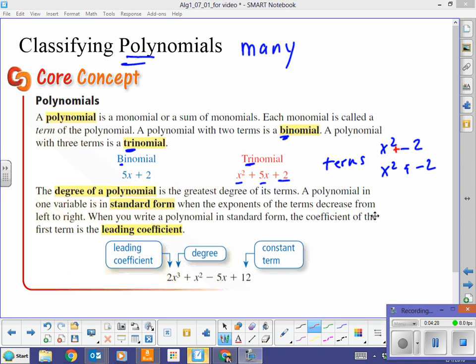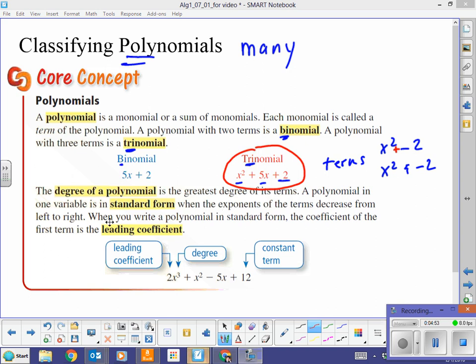So that's a term. Degree of a polynomial is the greatest degree of its terms. So in the case of this trinomial here, the greatest degree is 2. This has a degree of 2, a degree of 1, a degree of 0. So the degree of this trinomial would be 2.